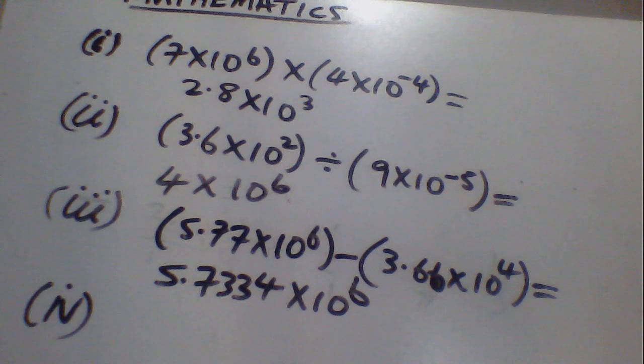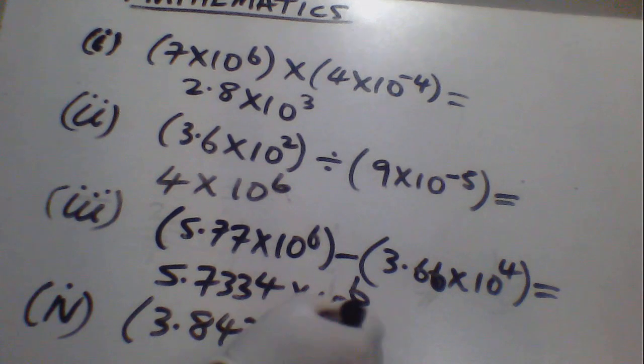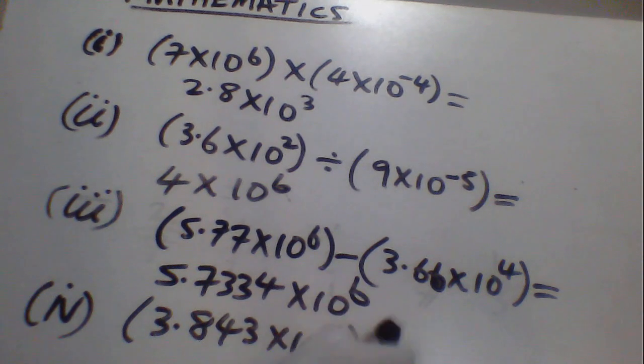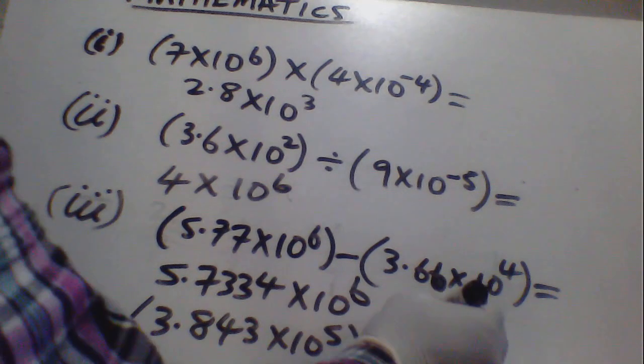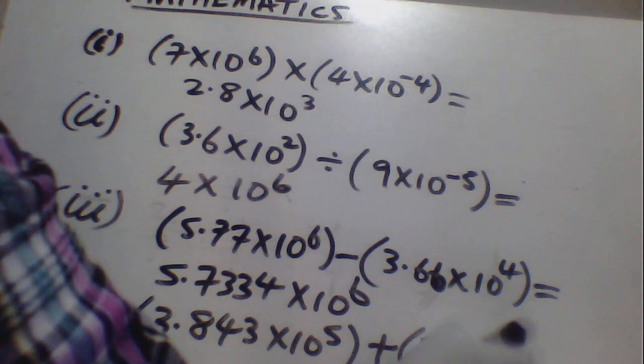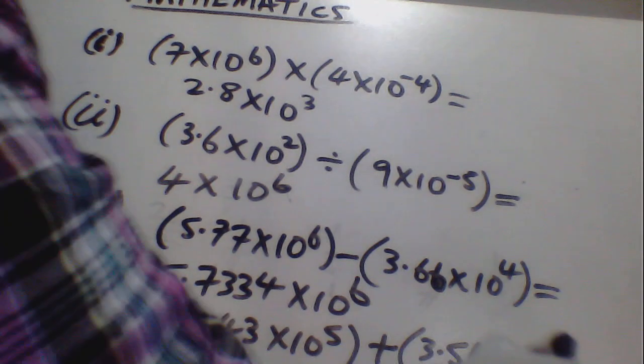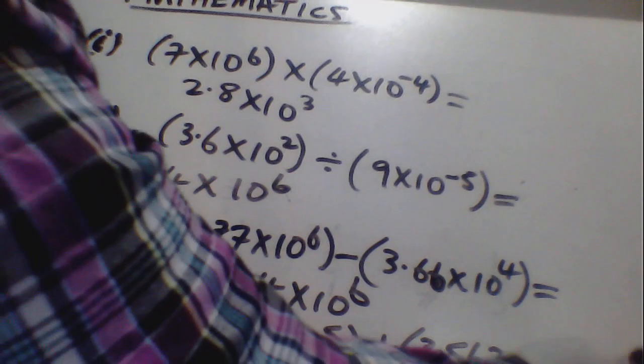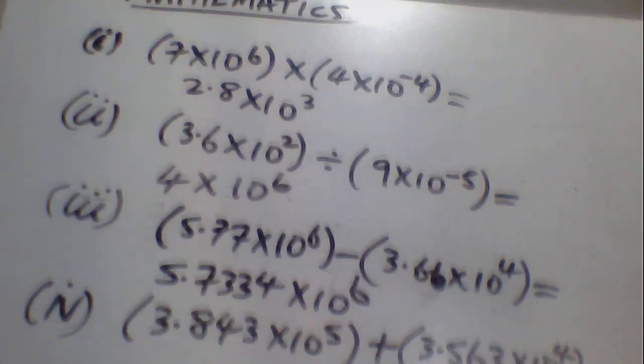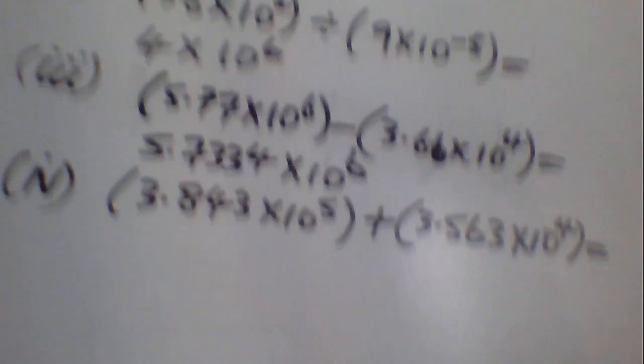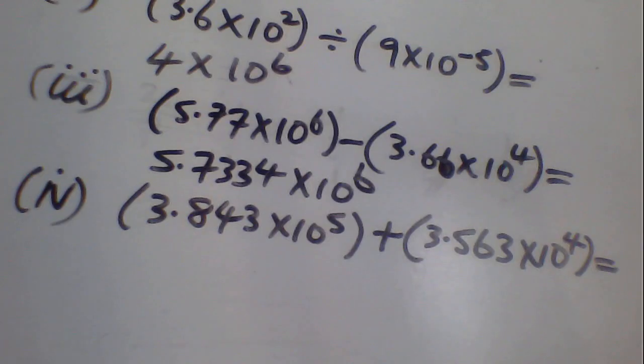The next question with the answer is 3.843 times 10 raised to power 5 plus, in bracket, 3.563 times 10 raised to power 4. I hope you are seeing it. You can always pause the video, go through each of the questions and their corresponding answers, so you'll be able to follow along.